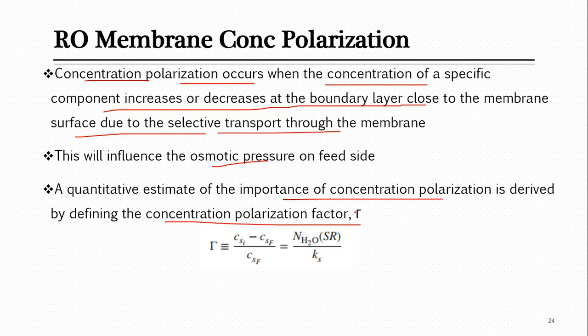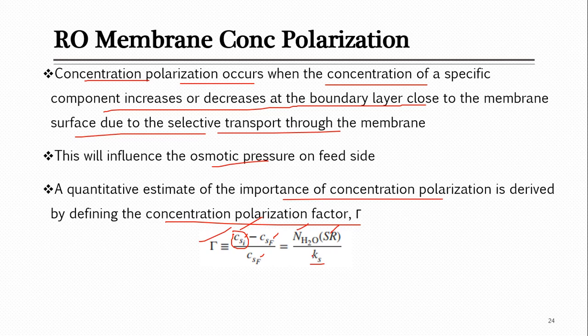So that's represented with this symbol. Concentration polarization is equal to, like, these are again concentrations of any component at the interface and in the feed, the concentration of those salts inside the feed as well as at the interface or boundary layer. So this is again difficult to find or calculate.